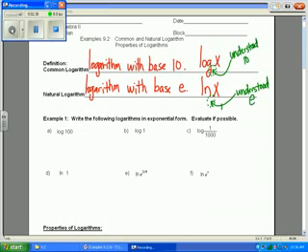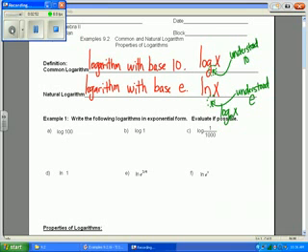I've seen people write ln is natural log, so that's an L and an N. But you could write this as log base e of x. Those two mean the same thing. They are equal.